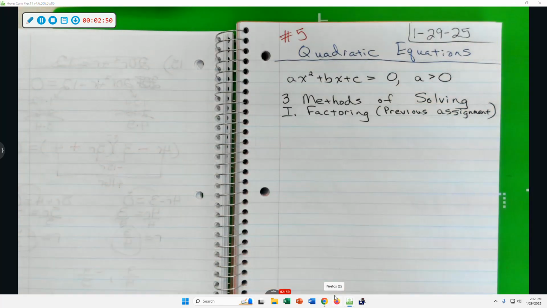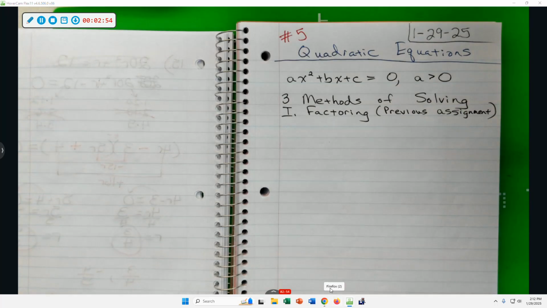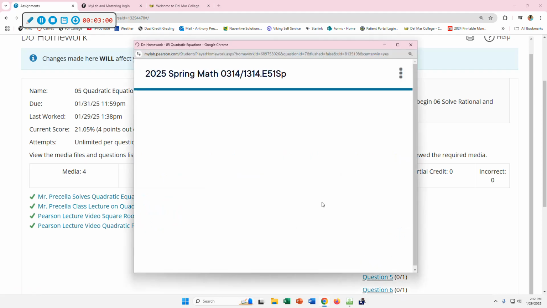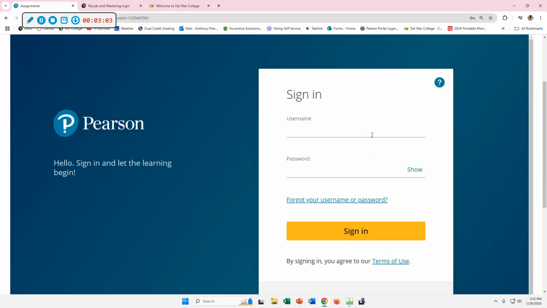And we're going to start looking at number 3. Number 3 is an equation that's already in factored form.